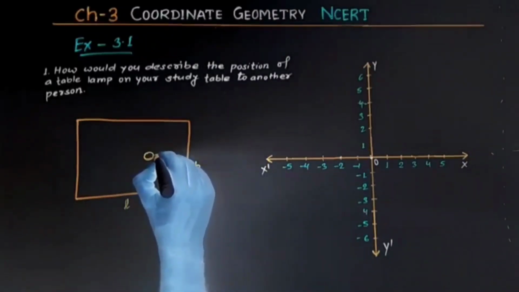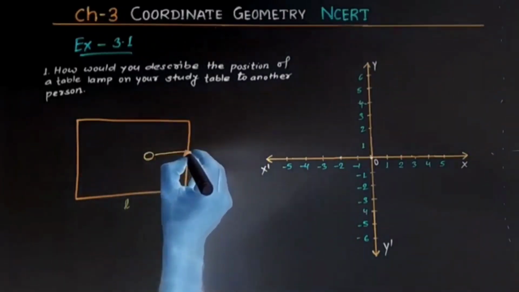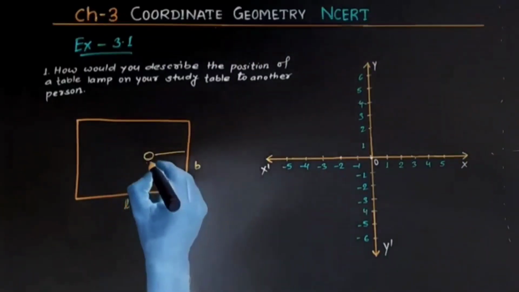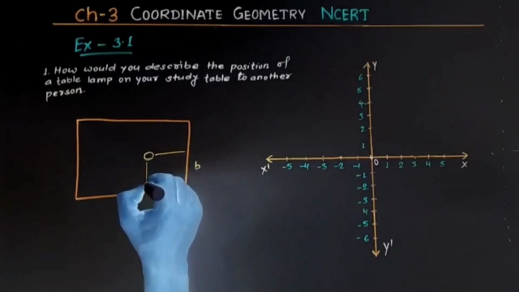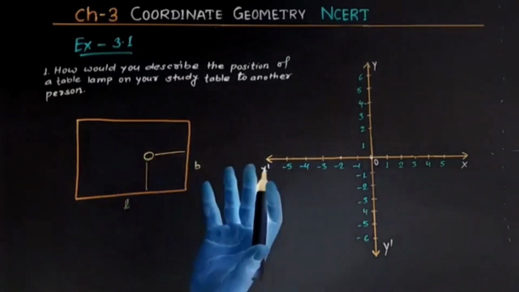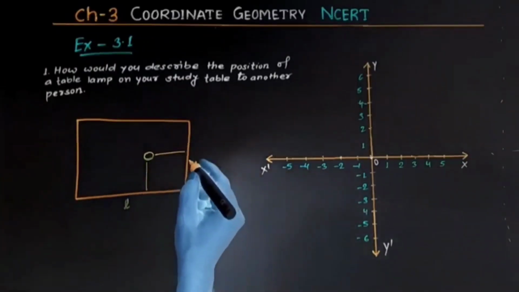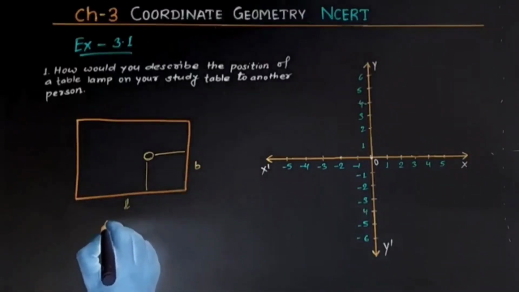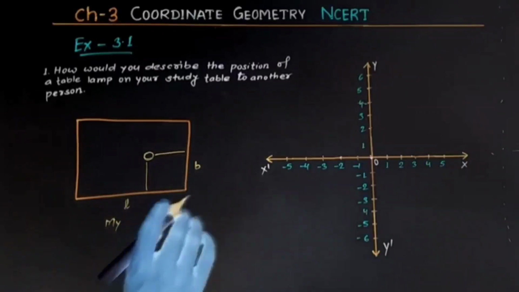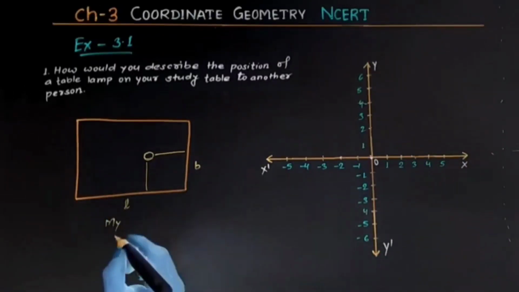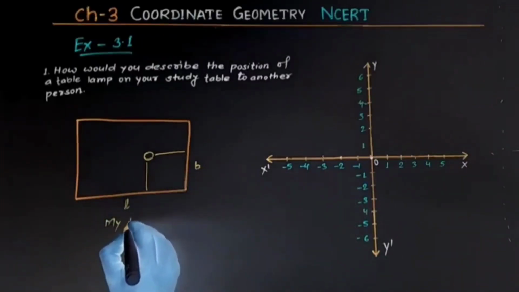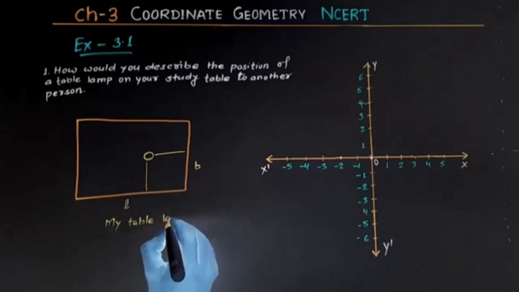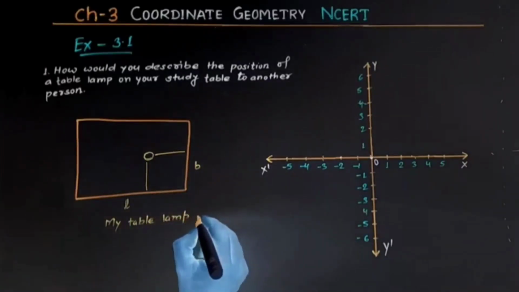On the table, x-axis means our length and y-axis is the breadth. So draw perpendiculars from the table lamp to the length as well as to the breadth. Suppose the table lamp is a meter or a centimeter from the breadth. So this is your x coordinate, a.